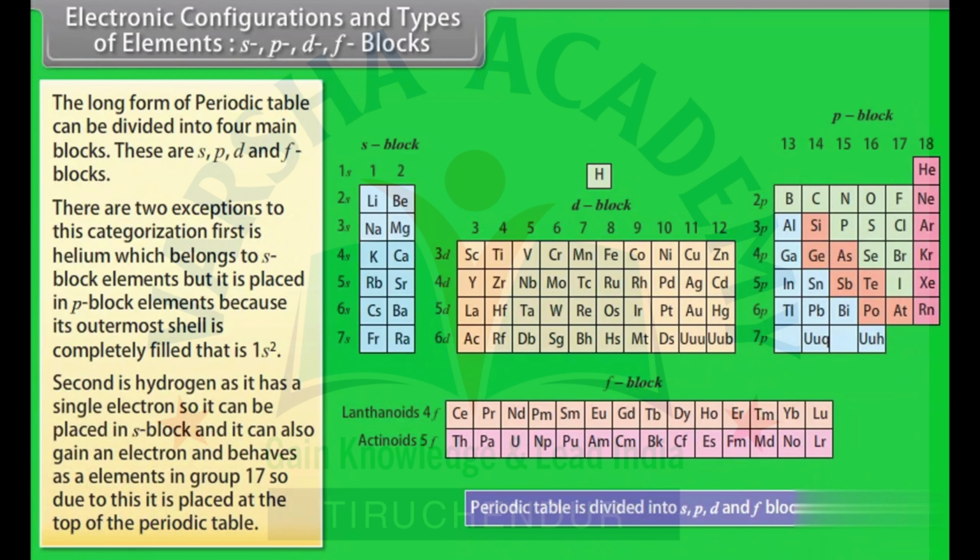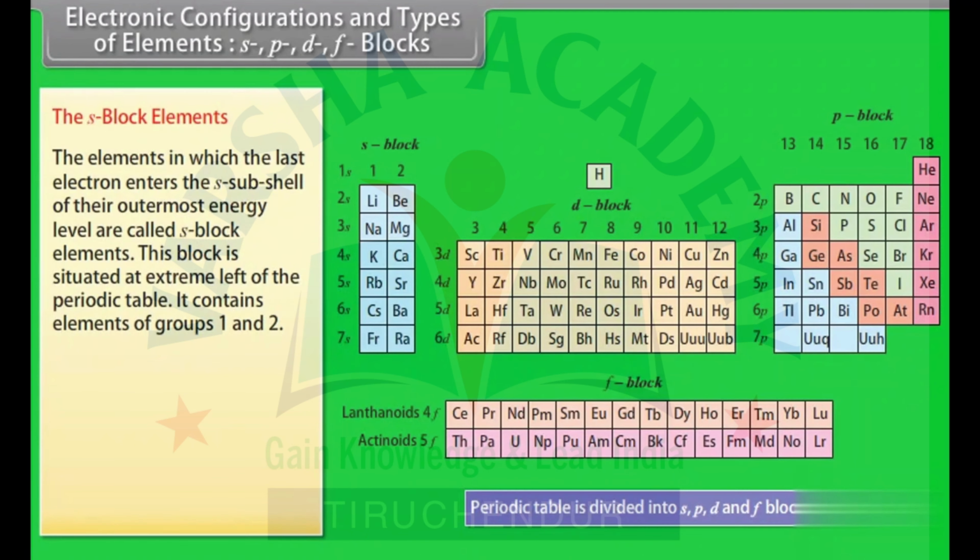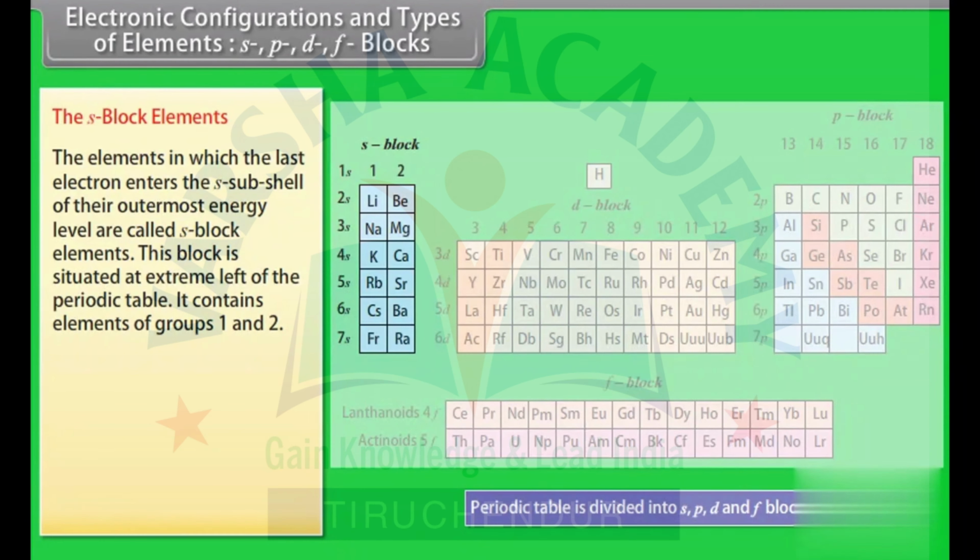Second is hydrogen. As it has a single electron, it can be placed in S block, and it can also gain an electron and behave as the elements in group 17. So, due to this, it is placed at the top of the periodic table. The S block elements. The elements in which the last electron enters the S subshell of their outermost energy level are called S block elements.